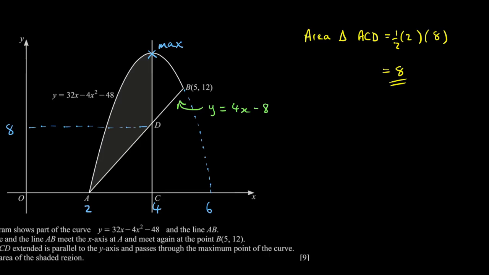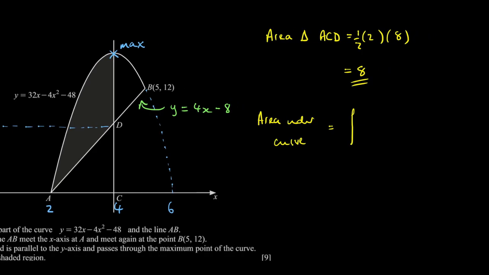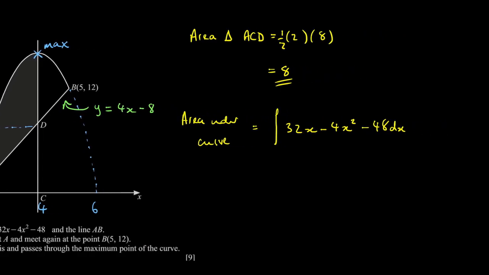So now the last thing I've got to do is I want to find the area that is underneath this curve, right? So the area basically of this entire region here, right? And I'm going to find that by integration. So area under the curve is equal to the integral of the curve, 32x minus 4x squared minus 48 dx between the bounds of 2 and 4.